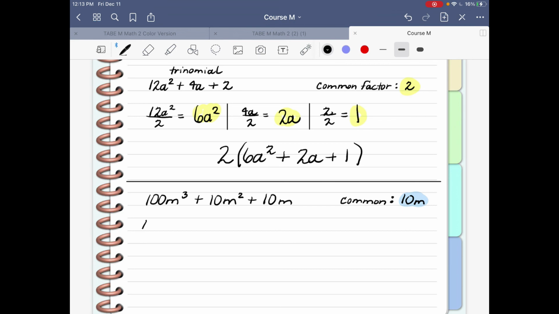So I'm going to say 100m to the third over 10m. 10 into 100 is 10, and if I take an m off the top and the bottom, that leaves me with 2 m's on the top, so m squared.